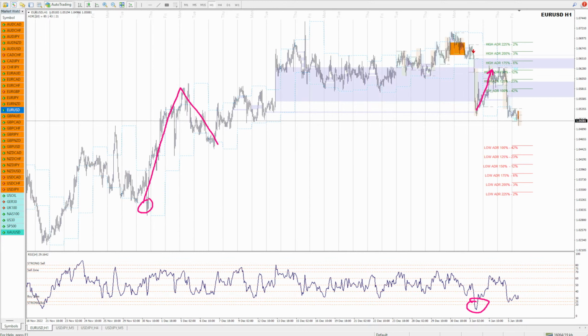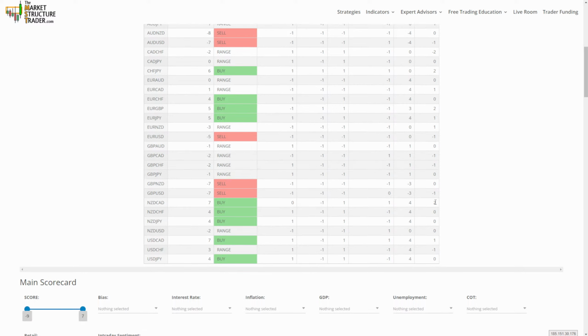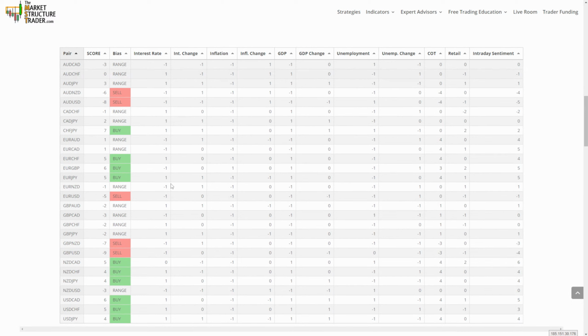So I don't really think it matters at the moment which way you trade this one, but fundamentally, it's more on the bearish side now than it was. If unemployment figures come out as a positive for the US dollar this afternoon, it's not really going to change this, is it? Still the same. So it's going to be negative still. So there's nothing that's really going to change this.